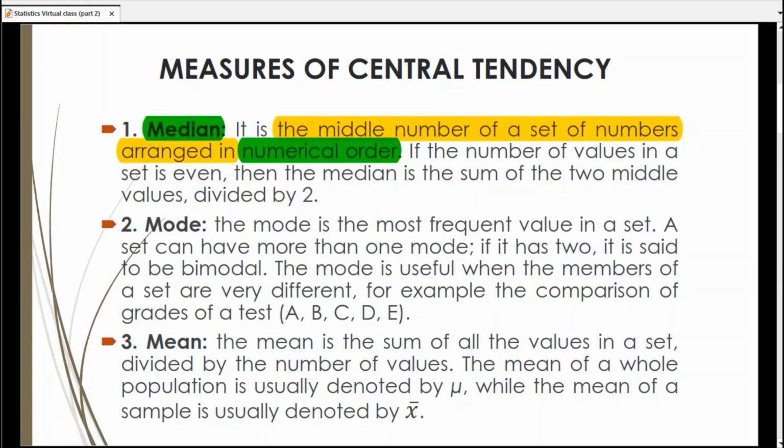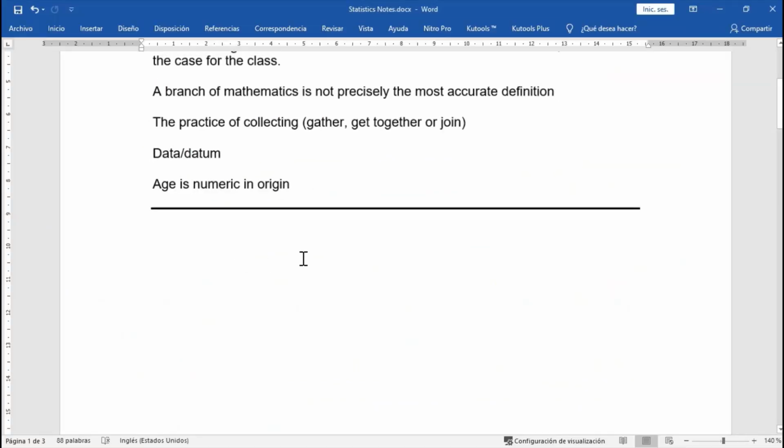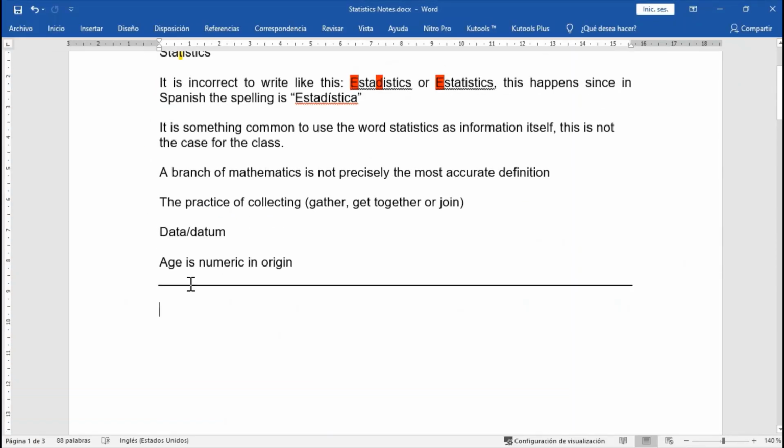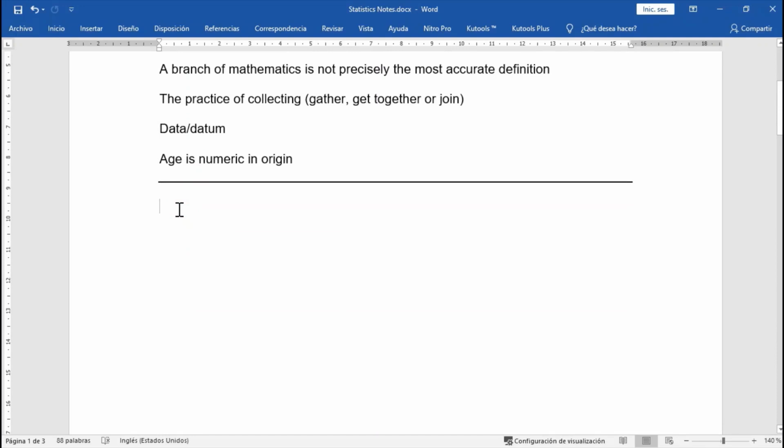So let's make an example. Let's go back to the notes, and as we have been doing previously, we are going to have this division that will tell us the limit of the previous session and the new one. So for example, let's suppose that we have some numbers, grades of an exam.